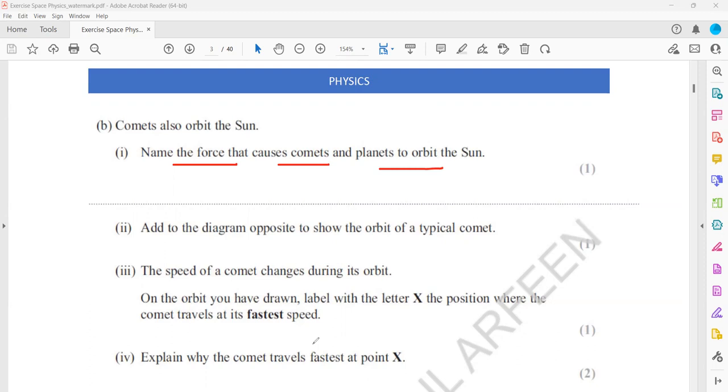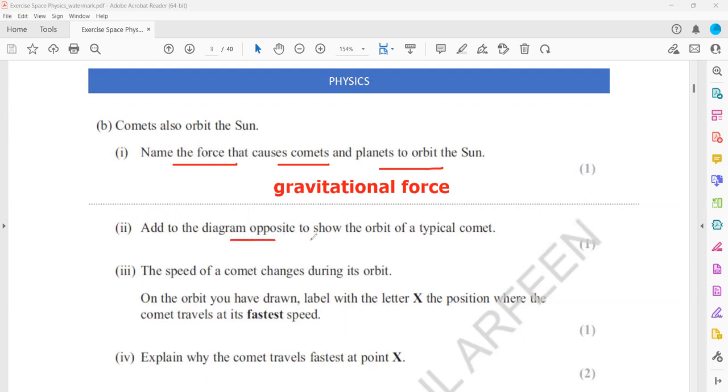But here you should be specific. You should use the term gravitational force. The gravitational force is causing comets and planets to orbit the sun.